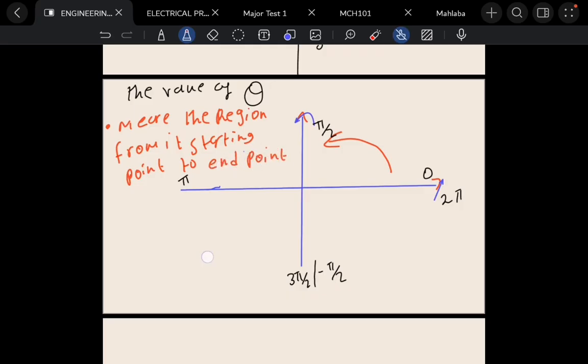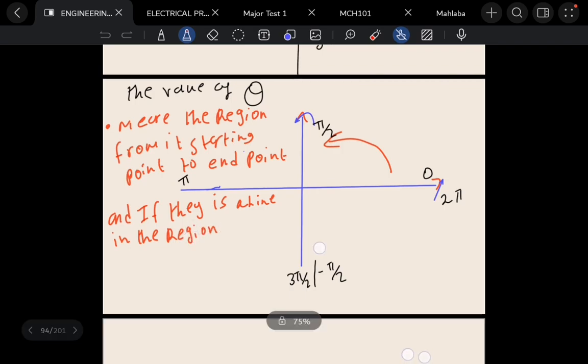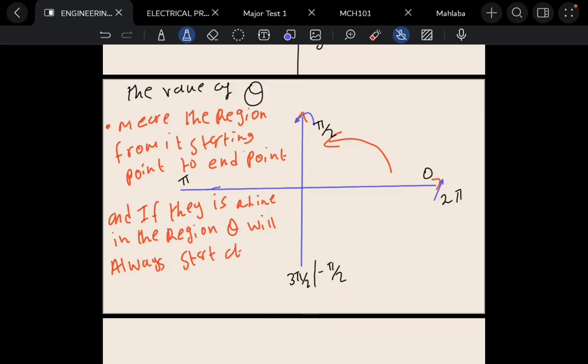And if there is a line in the region, theta will always start at theta equal to the arctangent of m.